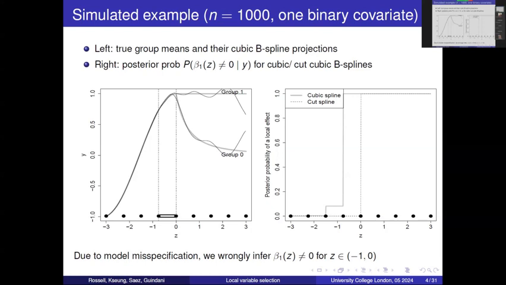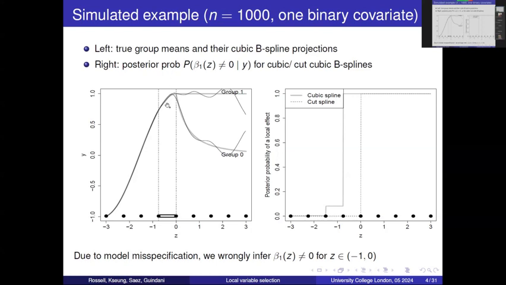That's the best possible approximation I can hope to obtain as n goes to infinity. So even with an infinite amount of data, the solution converges to these black lines. And the issue is that these black lines are ever so slightly different in here, even though the gray lines are equal, there's no covariate effect for z less than 0. Because the model is misspecified, actually there are some differences.